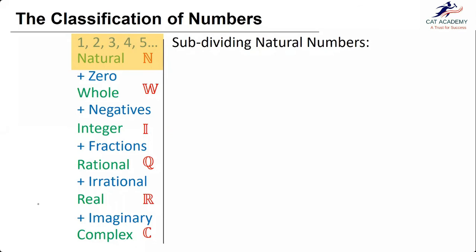All right. Subdividing natural numbers. So natural numbers are 1, 2, 3, 4, 5. So can you tell me how can I subdivide or categorize natural numbers? What would be my possible categories?